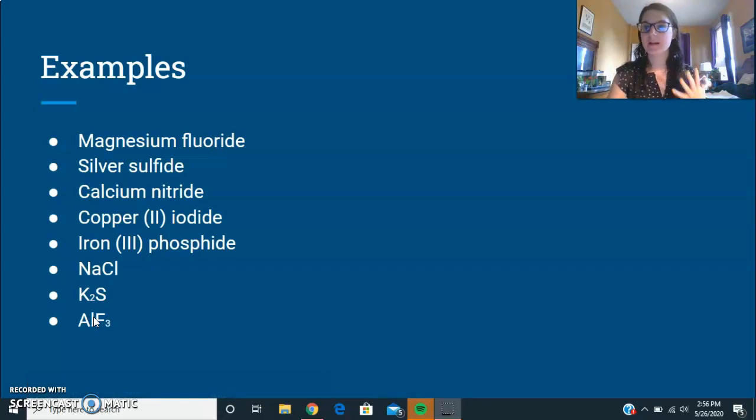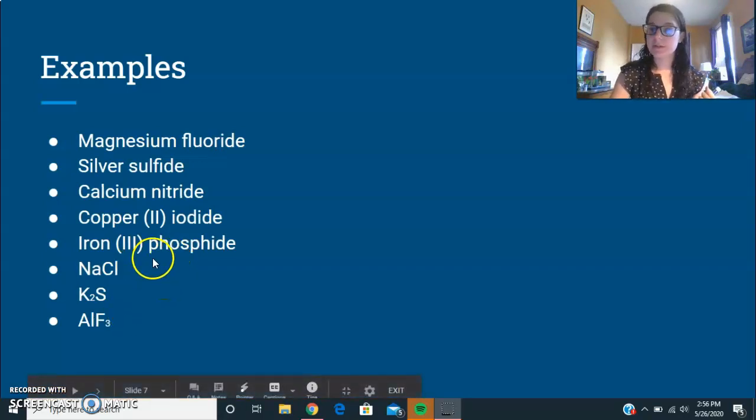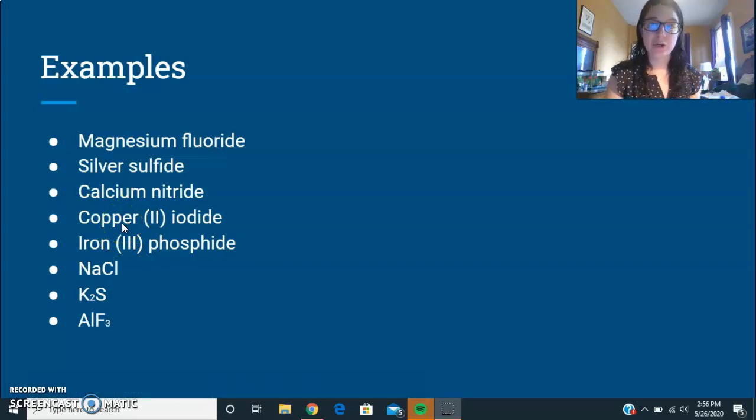The biggest mistake that comes from this is usually with the transition metals, when you see that Roman numeral, the easiest mistake to make is to say that I have 2 copper. But what it's really saying is that I have a copper with a 2 charge, okay? So the Roman numeral describes the charge, not the number of atoms that you would have in that formula unit.